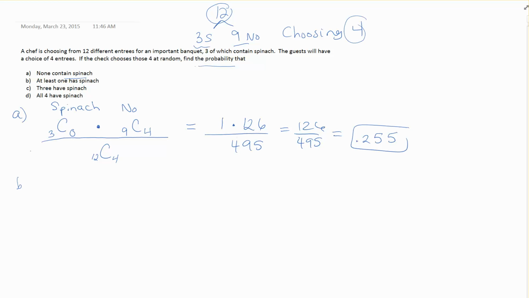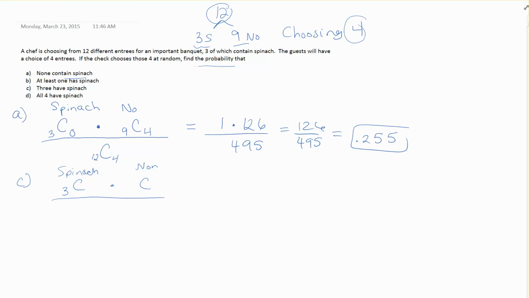B, I'm going to come back to that. That's a little bit more multi-step. Let's look at C. 3 have spinach. So set it up the same way we did here. Let's look at the number of ways to pick spinach, the number of ways to pick non-spinach entrees. So we have our separate combinations. So the left side number for the spinach, I have 3 spinach to pick from.